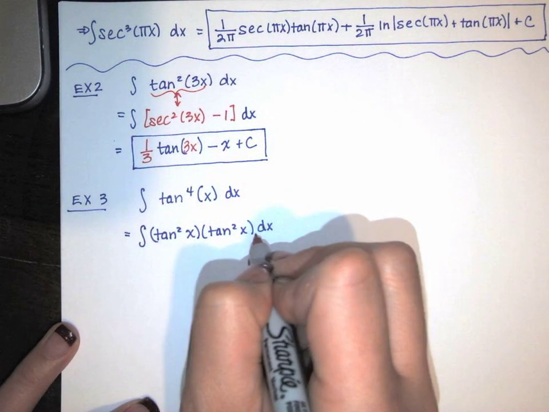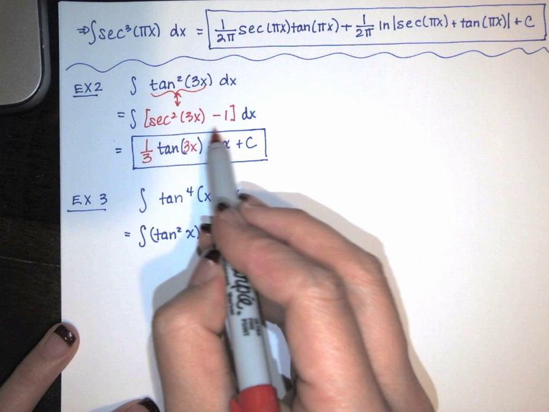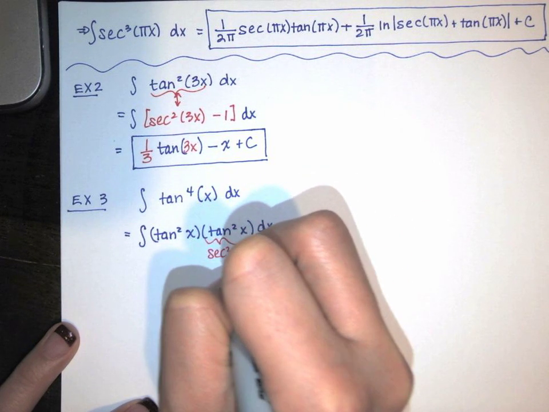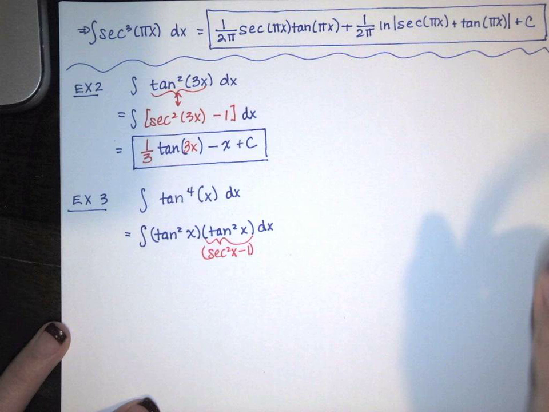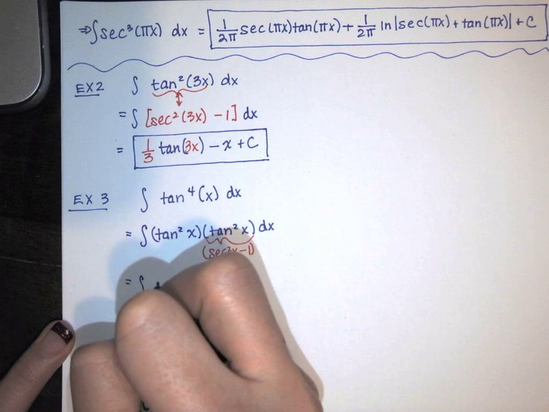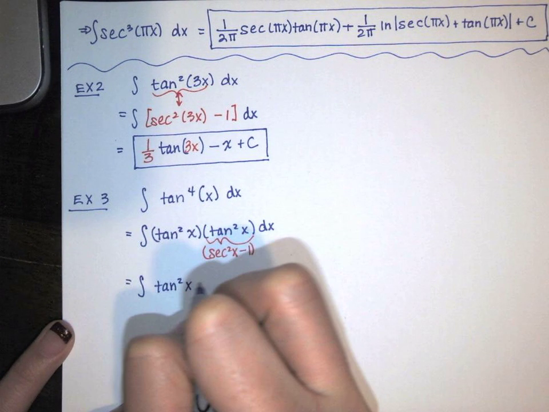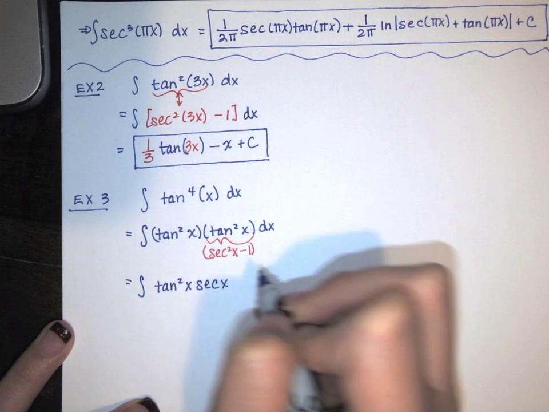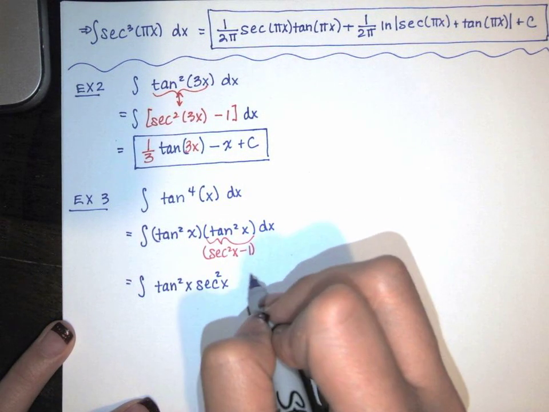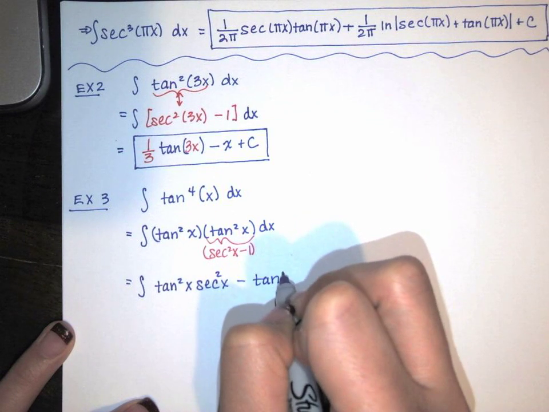And then replace this tangent squared with secant squared minus 1, just like you did up there. And distribute. So you've got tangent squared times secant squared. And then tangent squared times a negative 1 is negative tangent squared.